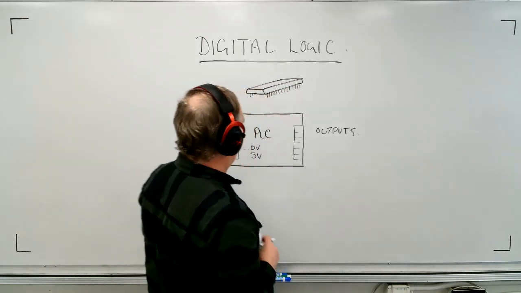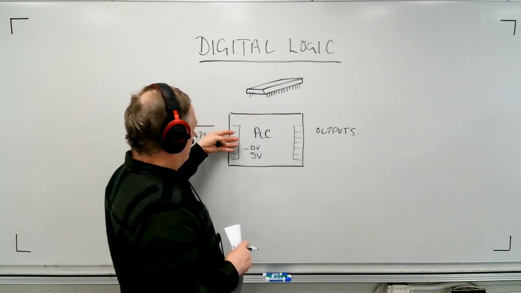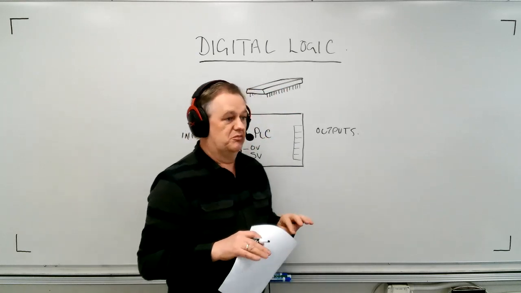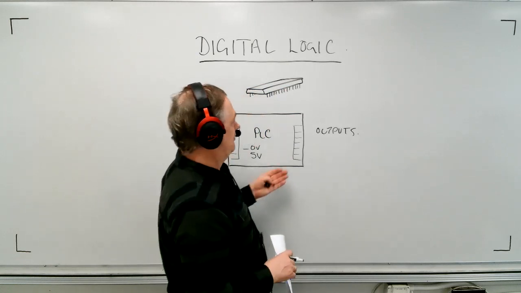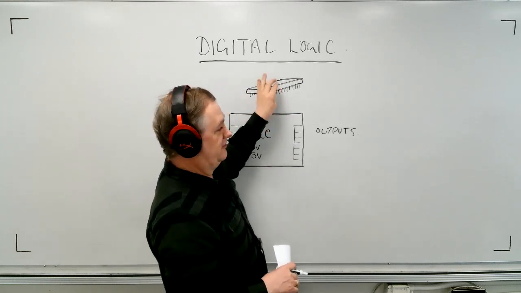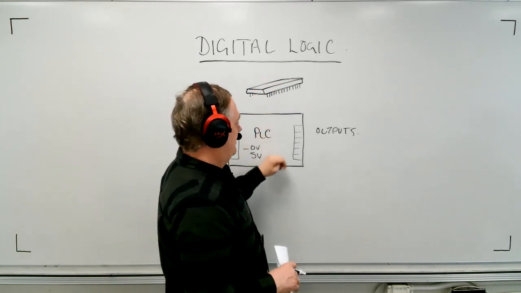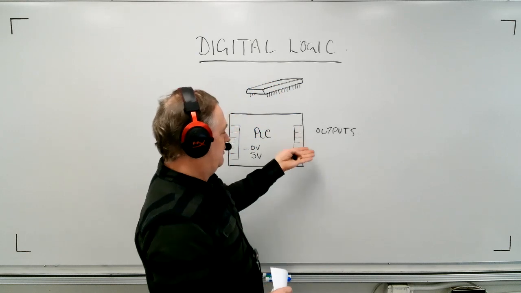Depending on what the inputs are to the PLC and how the program has been written, which is essentially how you combine what's in these circuits, some decisions are made based on that, and then they turn on the outputs, and then we work our way up again.